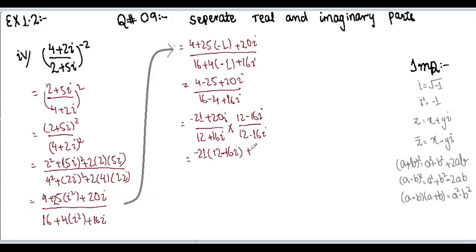plus 20i into (12 − 16i), divided by, okay, here it is written (12 + 16i) into (12 − 16i). So (a + b)(a − b) gives a² − b² from this formula. Here a is 12, b is 16i, so 12² − (16i)² equals, now 21 into 12 we get a negative sign with 252.